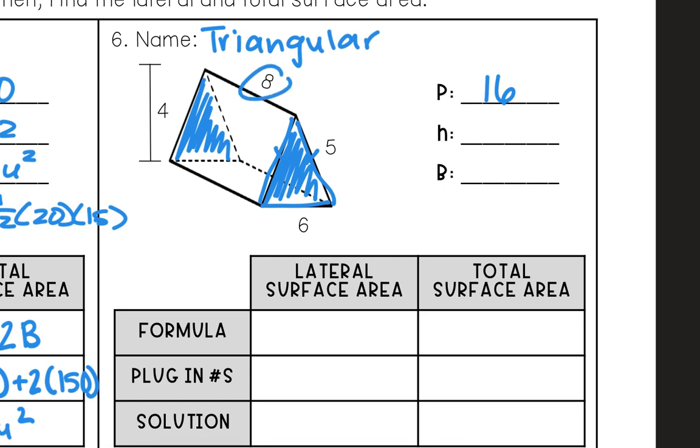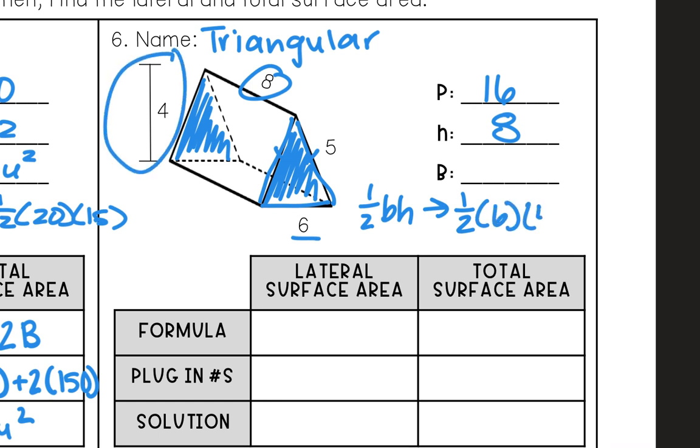Your height here is going to be 8, and then your area of your base is still 1/2 base times height. So 1/2, our base is 6, and then our height back here is 4. So 1/2 6 times 4 will give you 12 units squared.